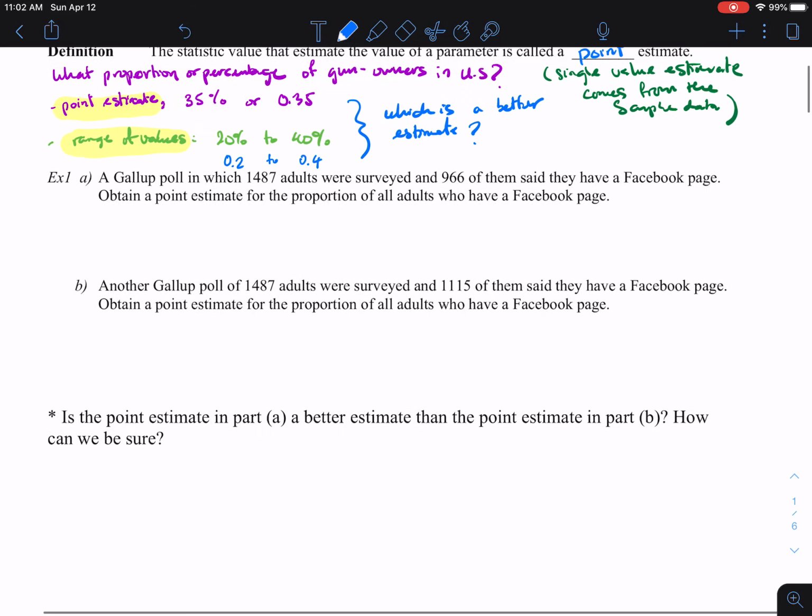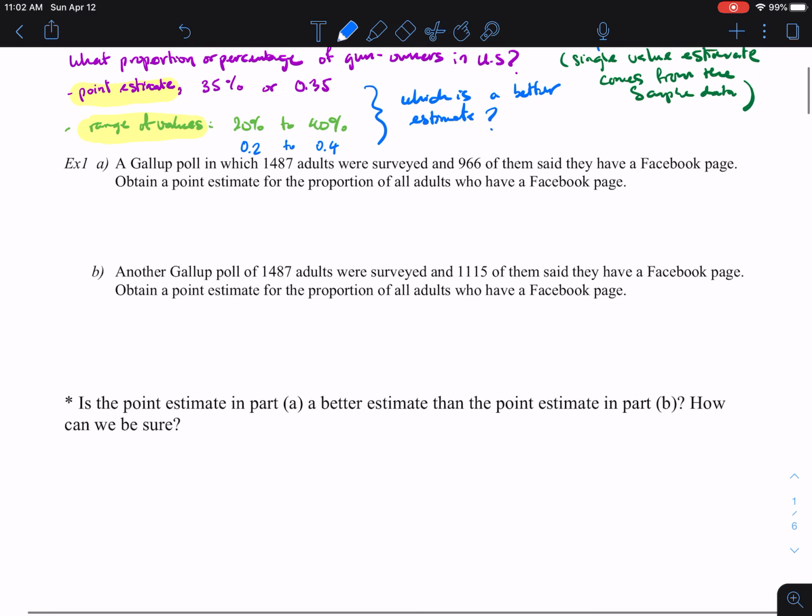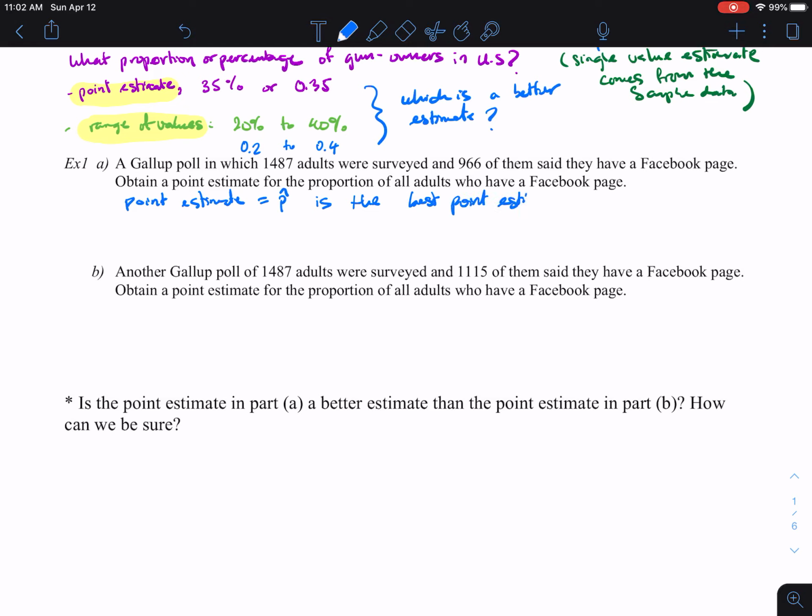So in this case, if we're asking for a point estimate, the point estimate would be the p hat. And the p hat in this case is the best point estimate, because from this data all we have is a sample proportion that we can use in this scenario.